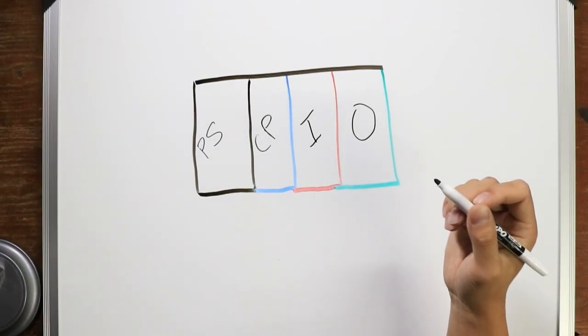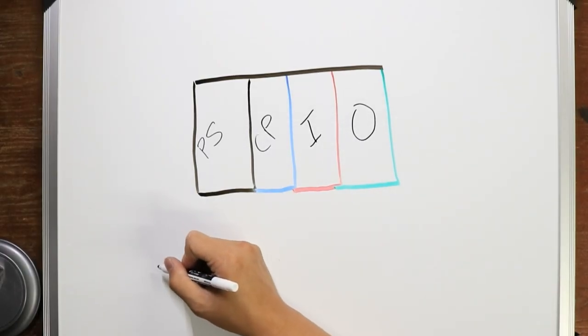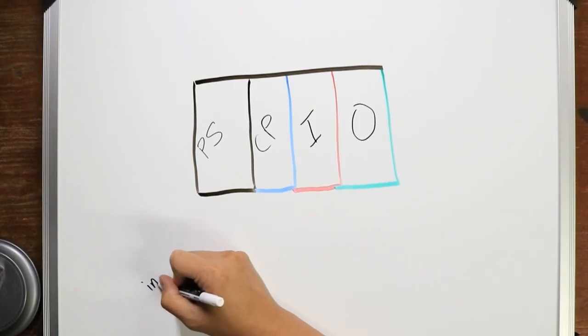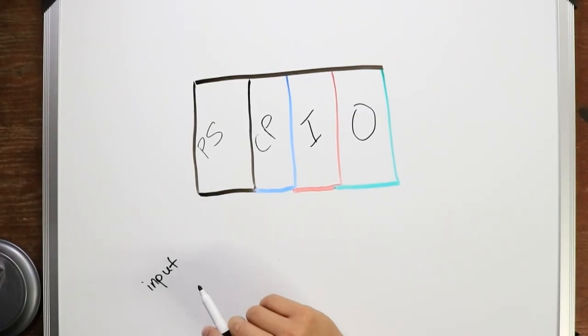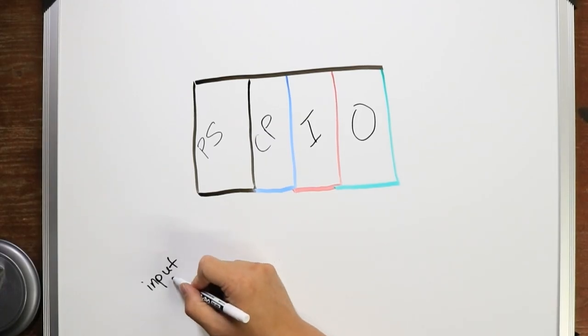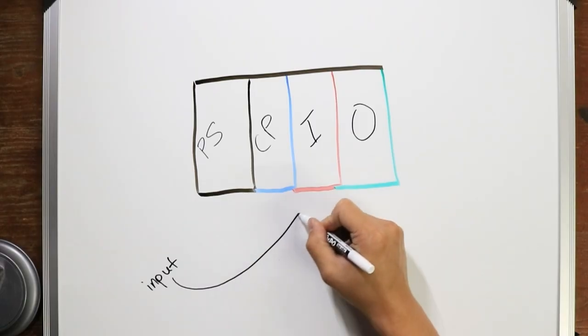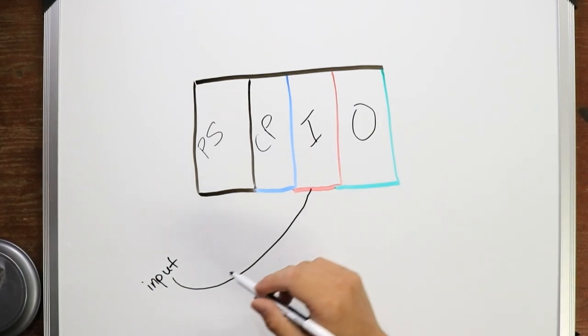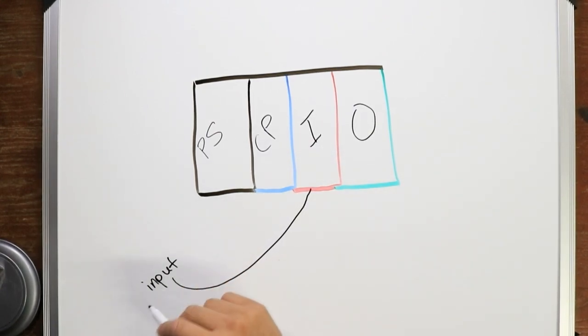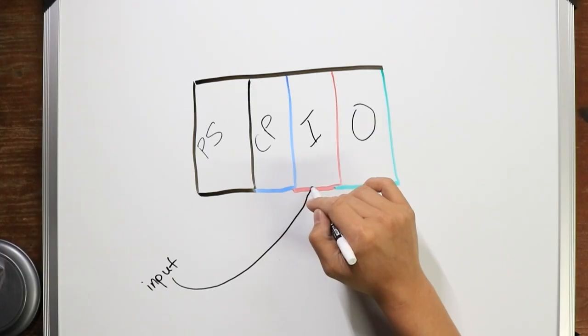So to keep it real simple, you have an input coming in, right? The input could be anything like a sensor or a push button. That input is going to be connected to the input module. It's going to be terminated to the input module. Okay? That input, whenever it's turned on or off, whatever state it is in, when it is turned on, it's going to send a signal to the input module.